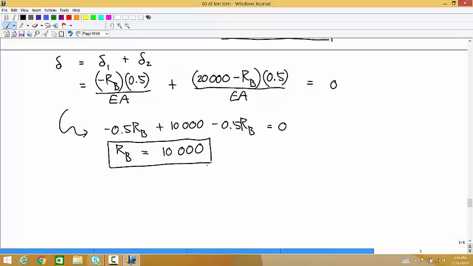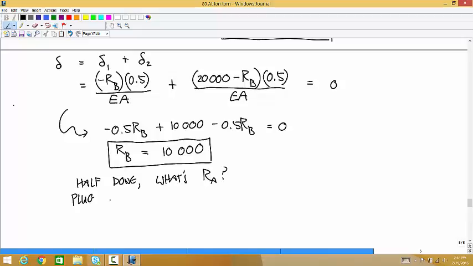Now, how do we know what RA is? We have half done. What's RA? How do we get that? Yeah, go back to the statics equation.